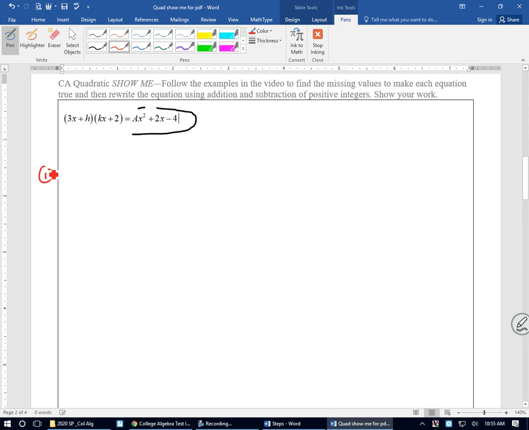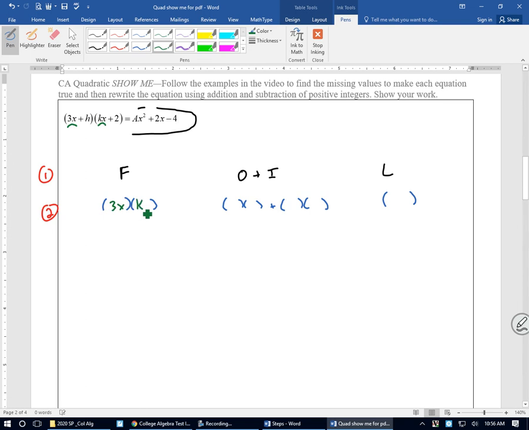Line 1, write the FOIL components. If you want to copy down what I had at the beginning of the video, you can stop and go back and copy that down. Line 2, 2 factors for each letter: first, outside, inside, last. For the first, the factors are 3x and kx.